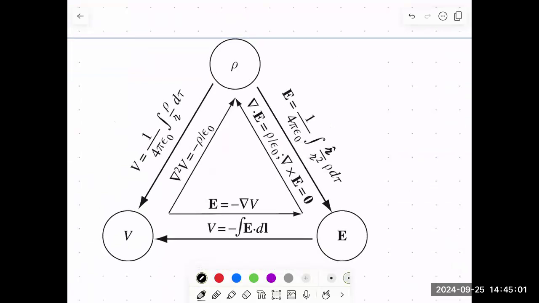Some distribution of charge, denoted in this drawing as rho, a volume of charge, but it could be point charges, or a charged surface, or whatever it is. And then you have electric fields and you have electric potential. And now we have a way to go between all of these in any direction.